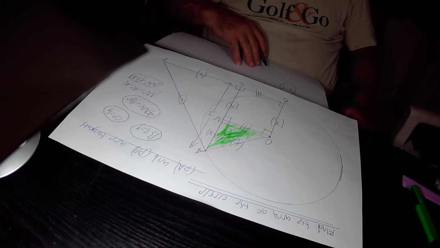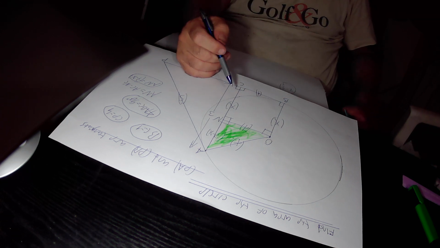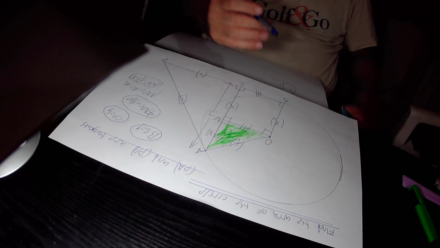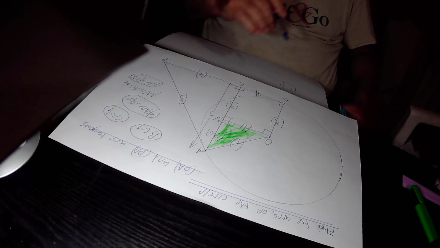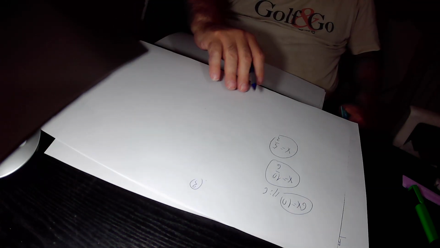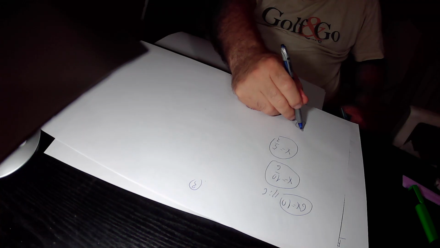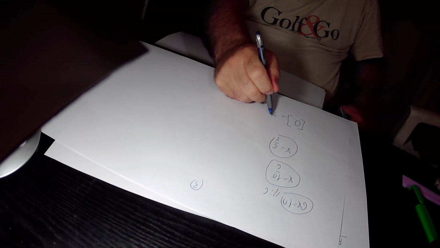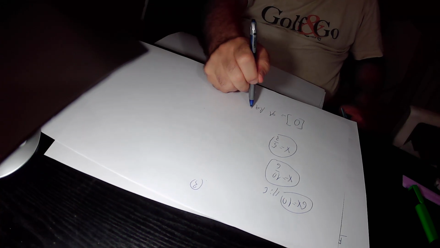So what is the area of the circle? The area of any circle equals pi times the radius of the circle squared.